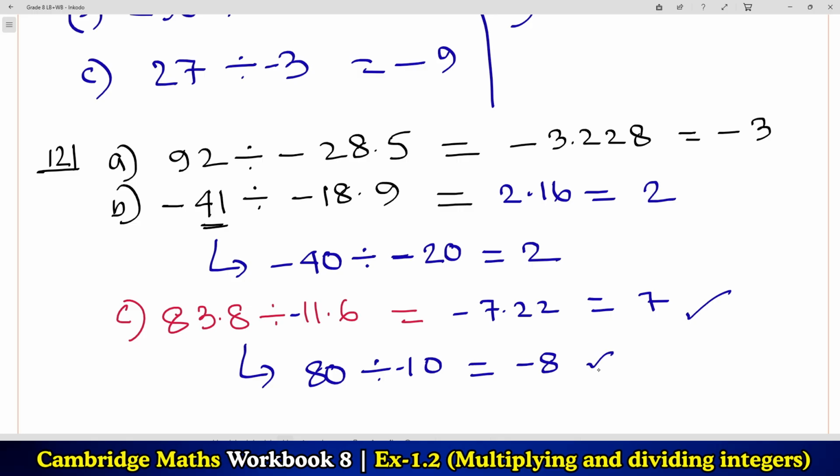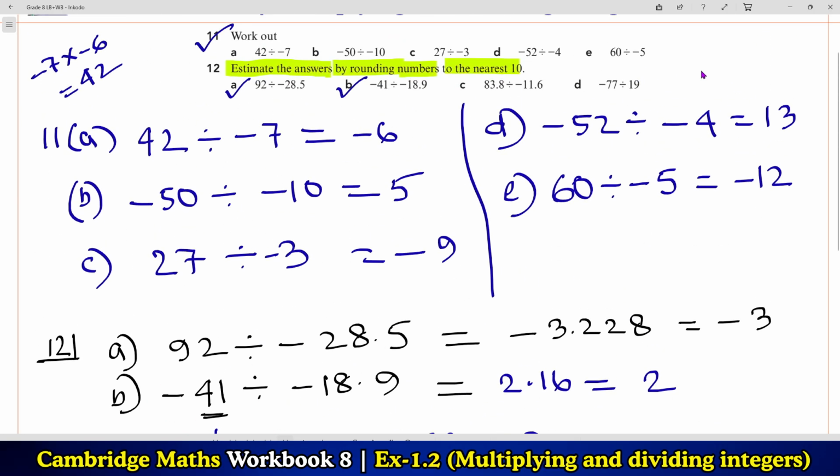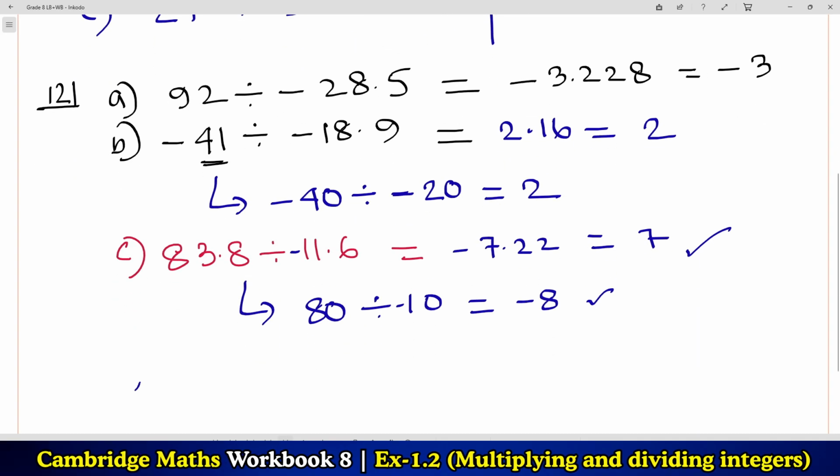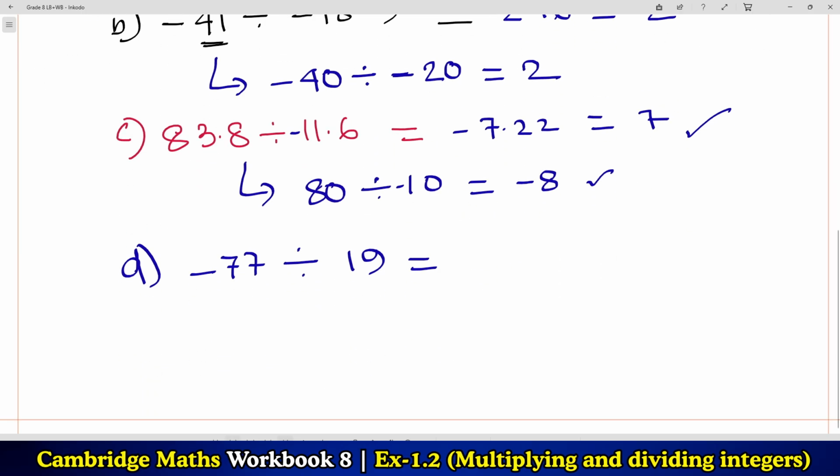This one is also okay. Number d, -77 divided by 19. This one also we can do the same thing, like 77, the nearest 10 is -80, divided by 19, the nearest 10 is 20, right?